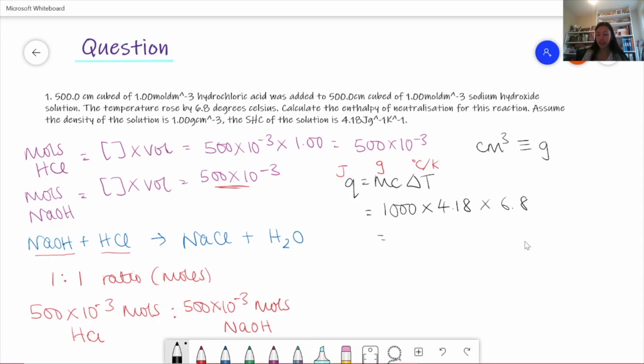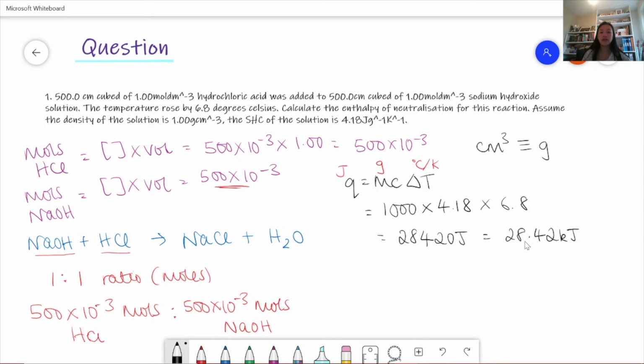So for that, you should get 28,420 joules, which is equivalent to 28.42 kilojoules. So that's the heat energy that's been given out.